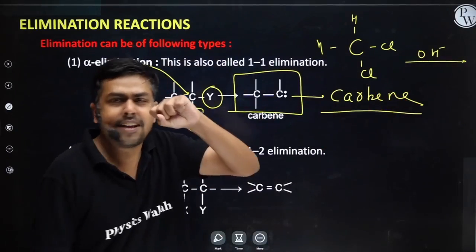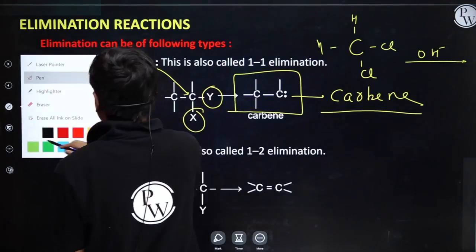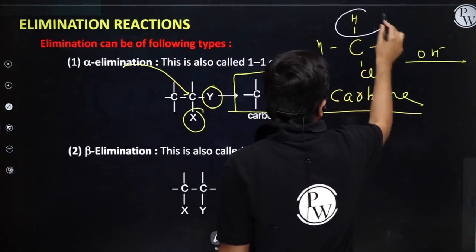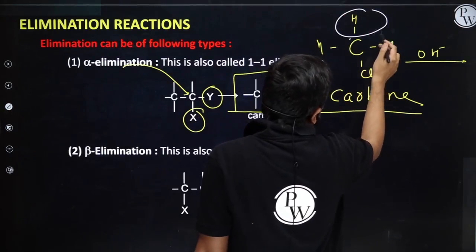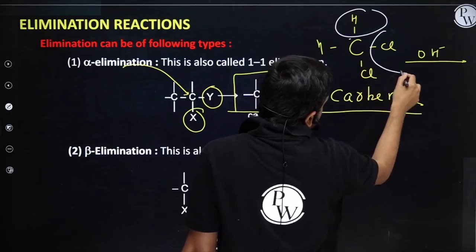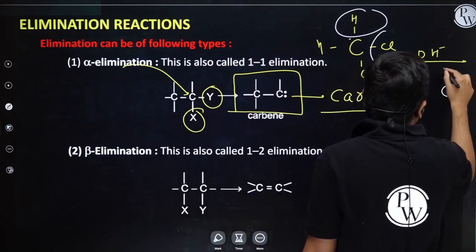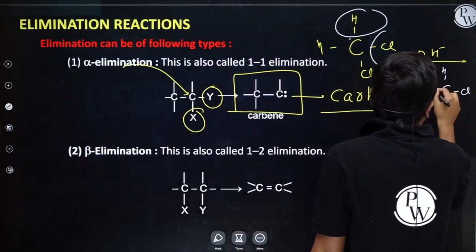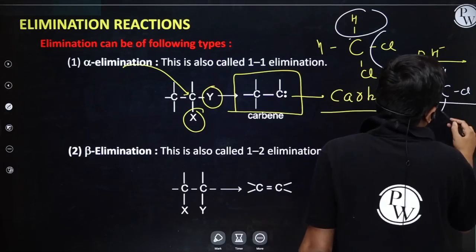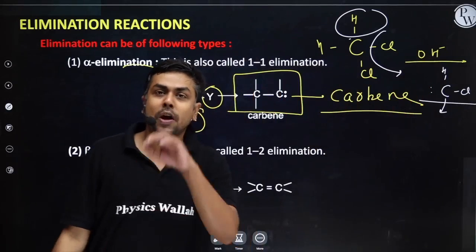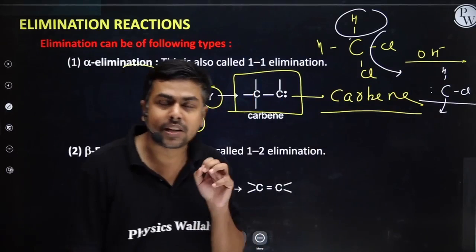It will snatch the acidic hydrogen, right? As soon as this hydrogen is snatched, I will have a carbanion. This Cl minus will get departed, and I will have the formation of CCl2 with one unshared pair of electrons, and it's nothing but carbene. Am I clear? So alpha elimination always leads to the formation of carbene.